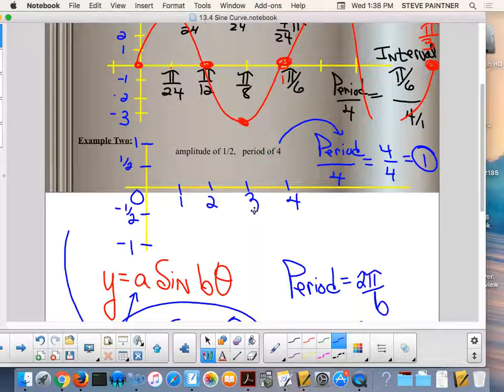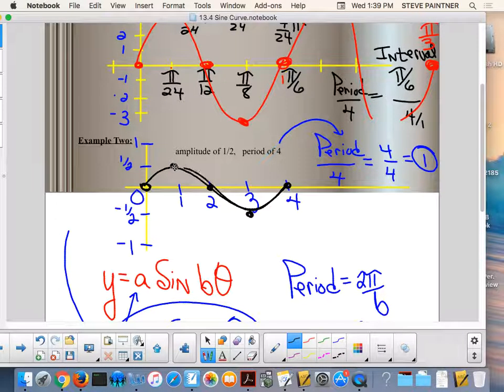What's the answer? Well, we know when we put in 0, we always get 0. When we put in 1, are we going to get the max or the min? How do you know? Because it said up there, assume A is positive. Oh, so it's max. When we put the second interval in, we get 0. Third, min. Fourth, 0.